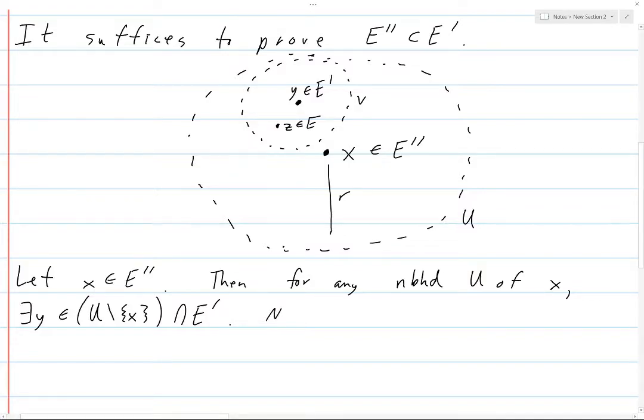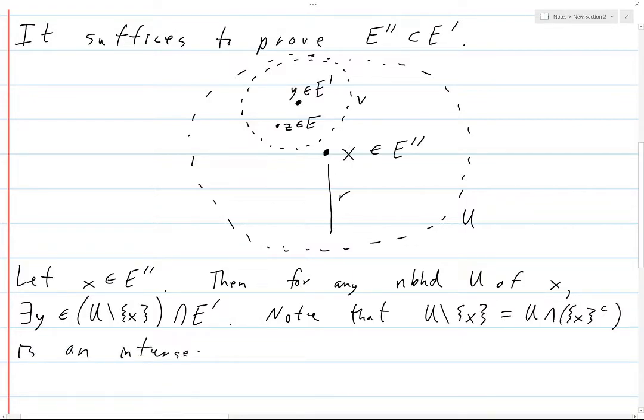Okay, so note that U minus X, well, this is the same as U intersected with the complement of the set containing only the element X. So this is an intersection of open sets and thus is open.